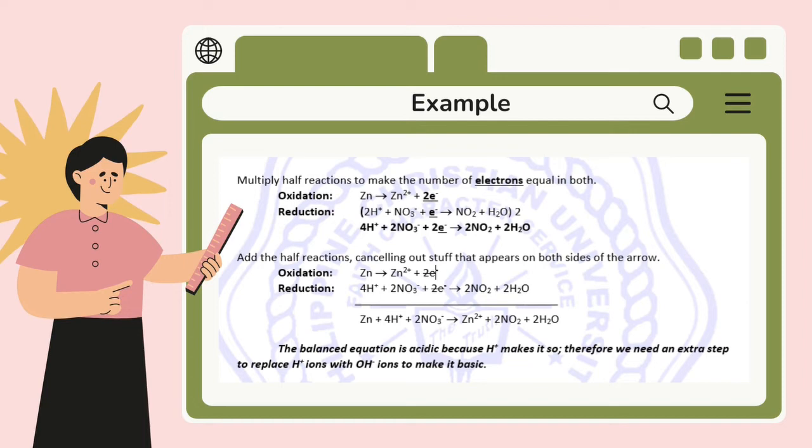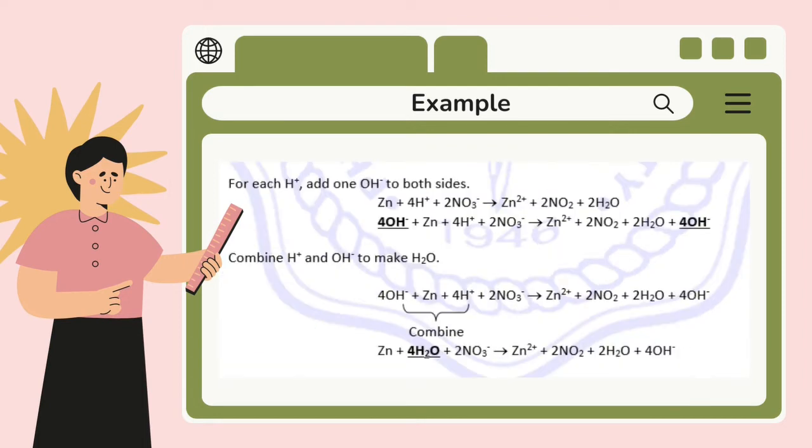So the balanced equation is acidic because H+ makes it so. Therefore we need an extra step to replace H+ ions with OH- ions to make it basic. Instead of using hydrogen ions, we're going to be using hydroxide ions to make it basic.